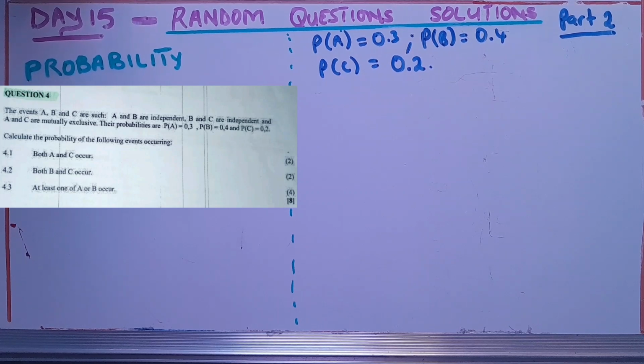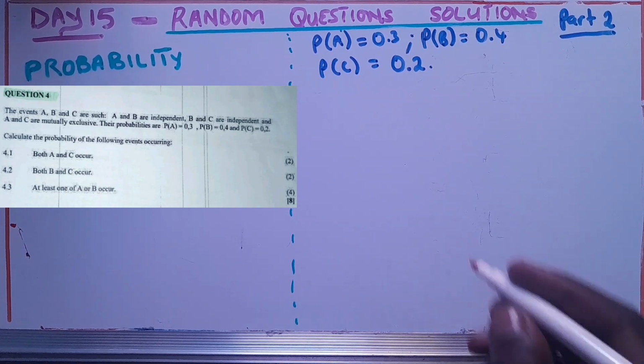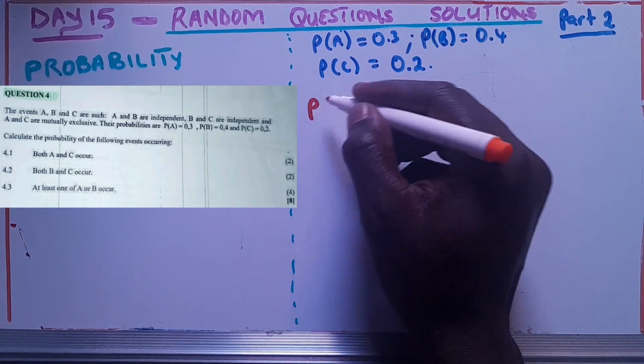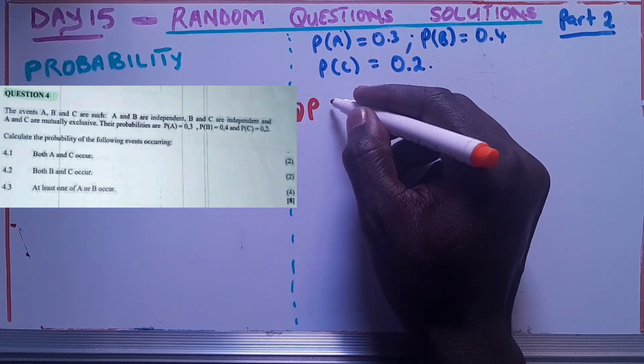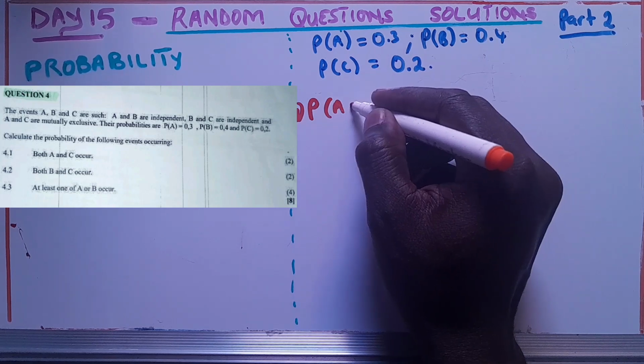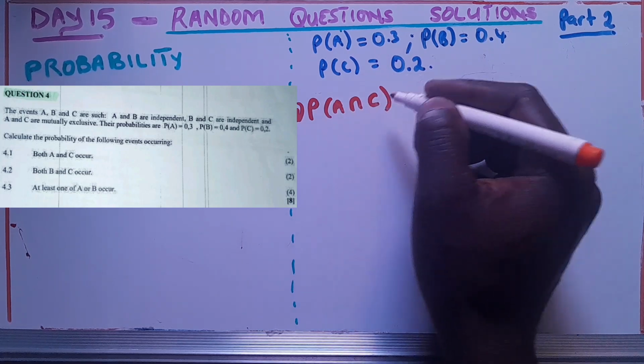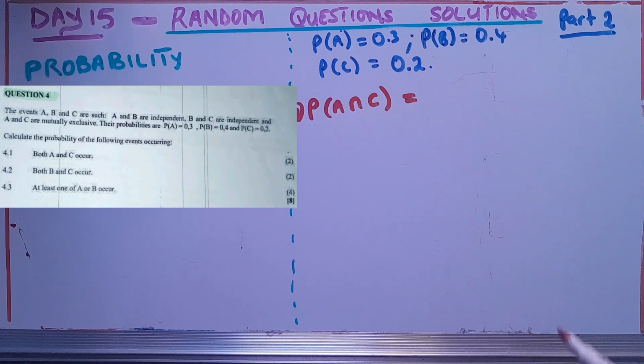They said calculate the probabilities of the following events to occur. So the first question, they said what is the probability of both A and C? So the probability of A and C. We are told that A and C are mutually exclusive.